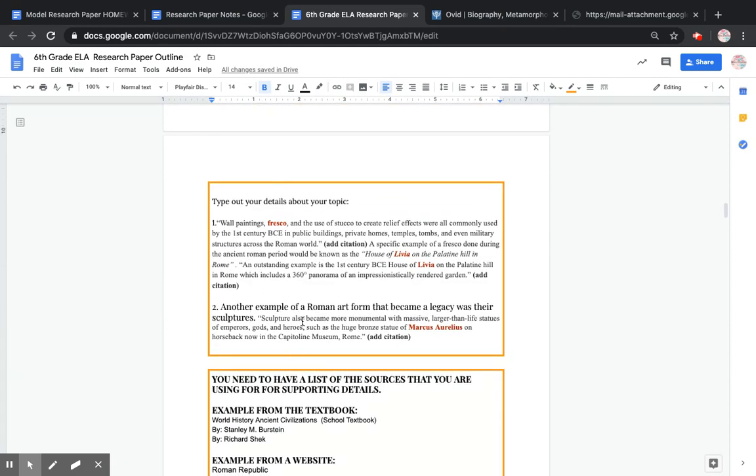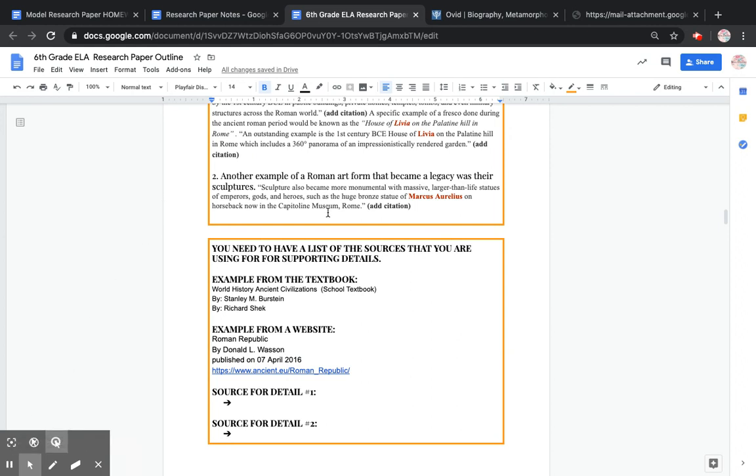So I could do this, and what I could do if I wanted it to kind of mirror what I did with the frescoes, I could find a specific example. I could go back into my research, find a specific example from the Roman art form of sculpture.